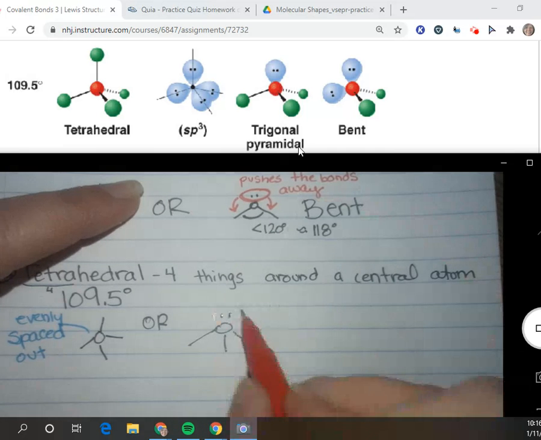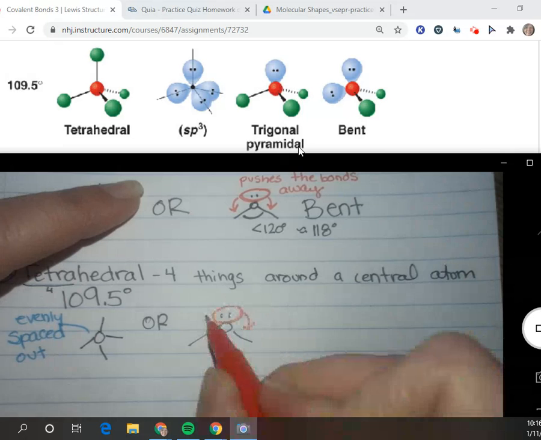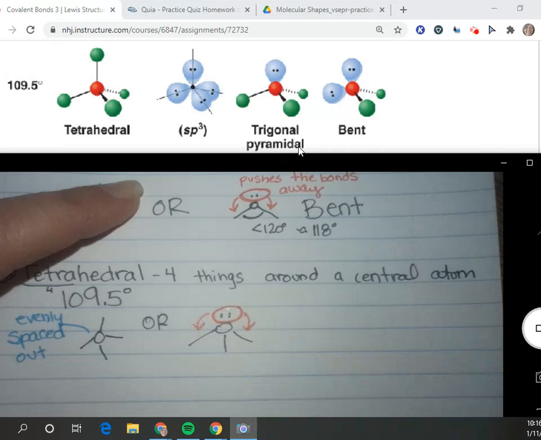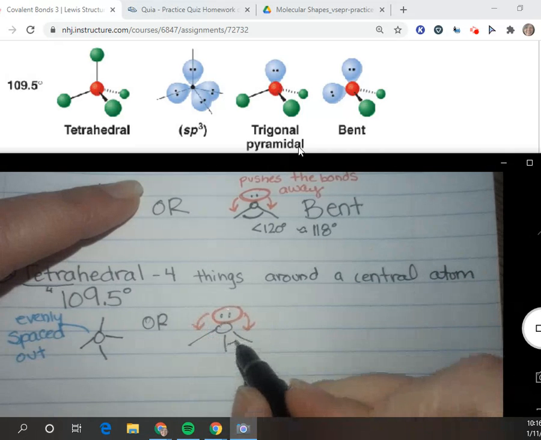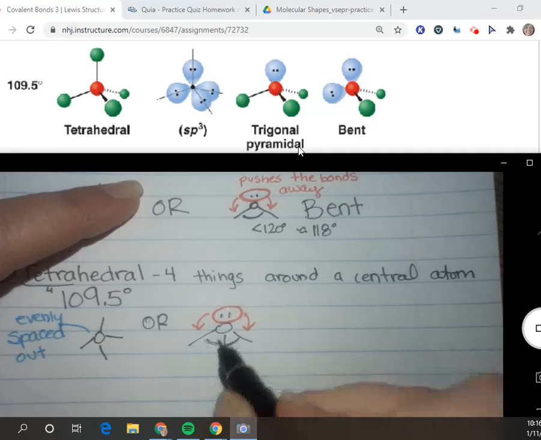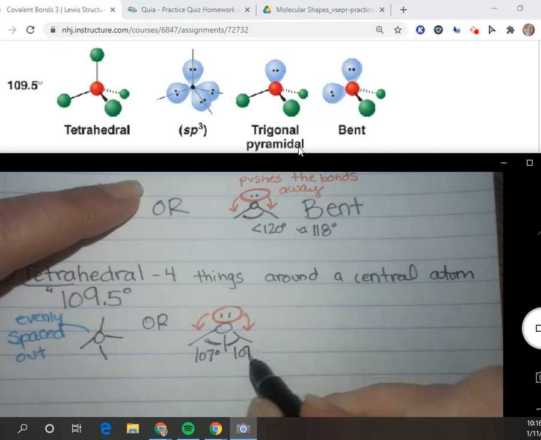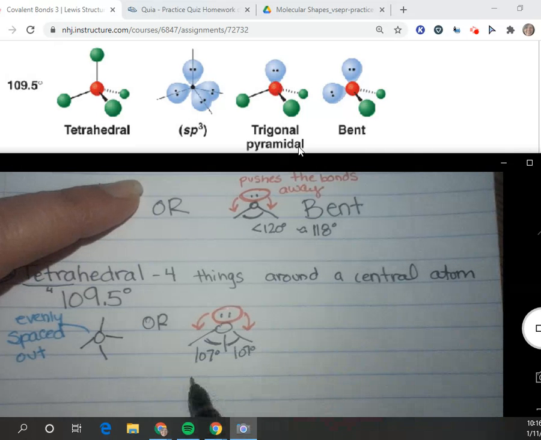So this unshared pair is going to push them down, and our angle here and here is going to be like 107. This shape is called pyramidal.